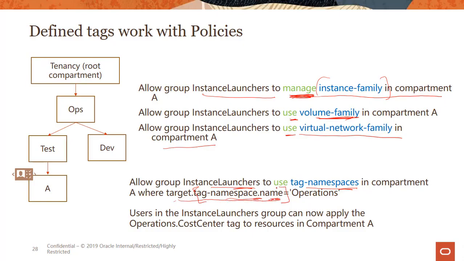So the name of the tag namespace is operations. So now if the users in this particular group launch an instance, they can apply the operations namespace tags, and anything which comes under the operations namespace, whether it's a cost center key or a project key or a region key or the other keys you defined, they can apply those tags within that namespace.